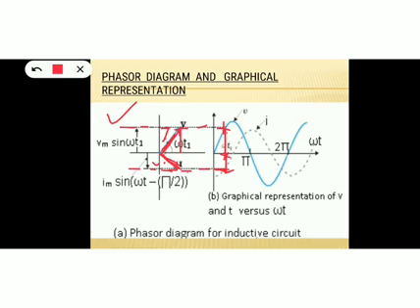The vertical component of the voltage phasor gives the instantaneous value of the voltage, that is Vm sin omega t1. And the vertical component of the current phasor gives the instantaneous value of current, Im sin omega t minus pi by 2. Okay, so this is the phasor diagram of current and voltage in an inductive AC circuit.